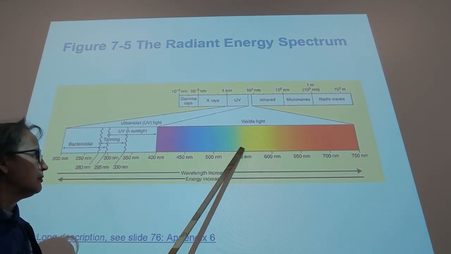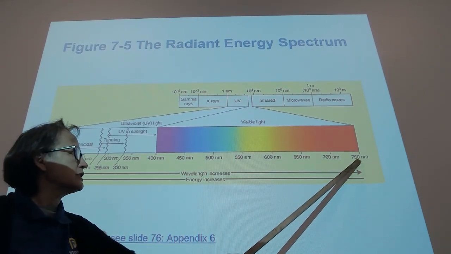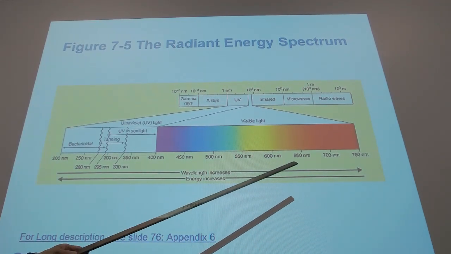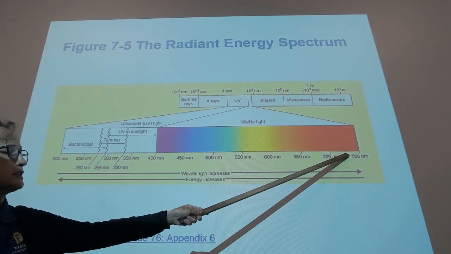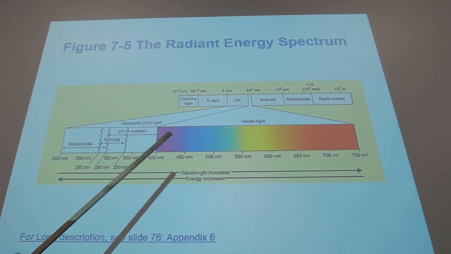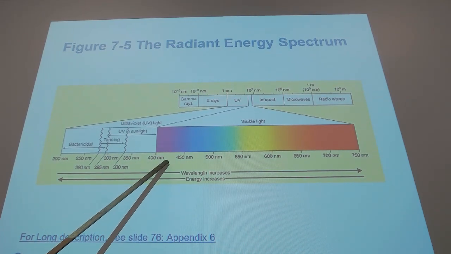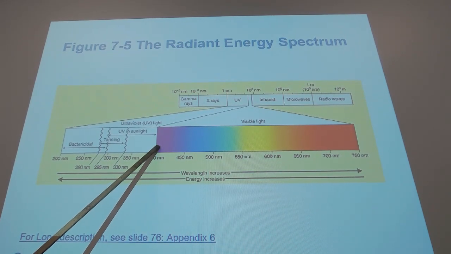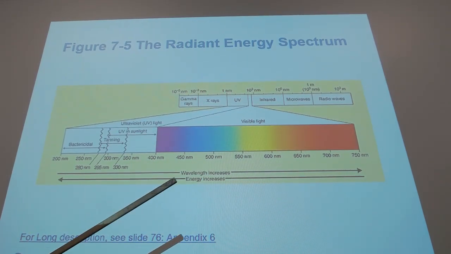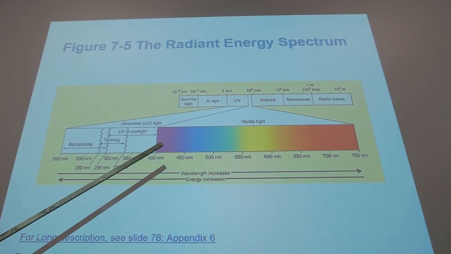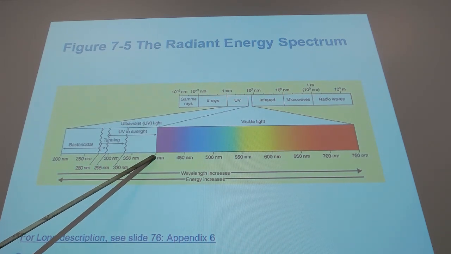But as you move in this direction, the wavelength increases, so it becomes wider. But the energy decreases because these types of wavelengths have less penetration than the ones within this range. Now, our visible light will range from purple color up to red, according to this wavelength of light. And then under 400, we have UV light.